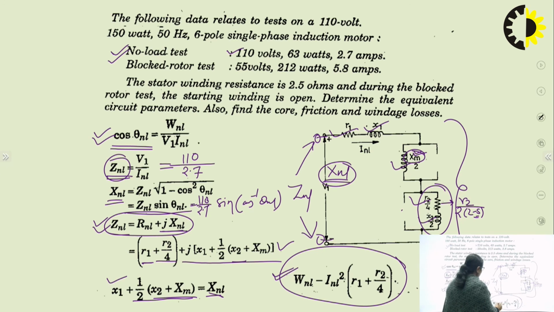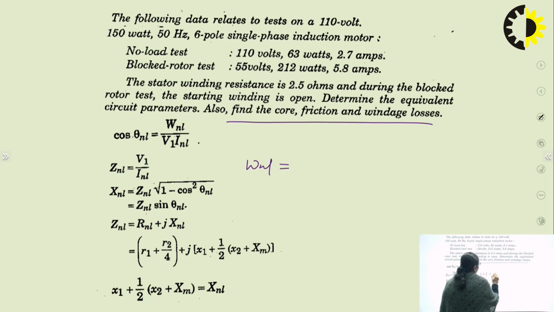So, to get the constant losses, we have to proceed like this. From the equivalent circuit, you can see that the total resistance under no load condition is R1 plus R2 by 4, right?